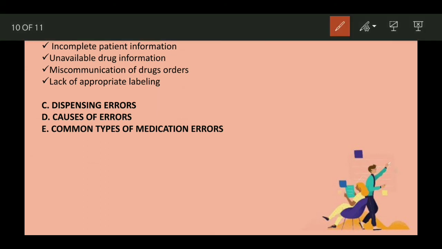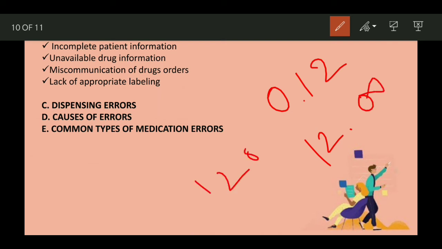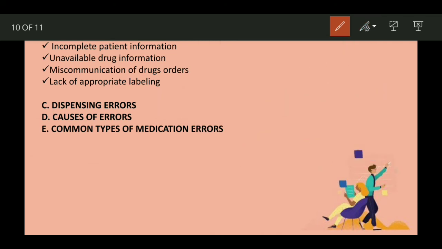For example, you can see that if it is written 0, 1, 2 and you forget to write the point here, so this is the misuse of the zeros. If it is written like 12, you will think that 1200 is written, but this is 12.00. So in this way miscommunication can happen, and you may never understand it properly. There are many drugs with similar names, which creates confusion. Problems can sometimes come in dosing units.